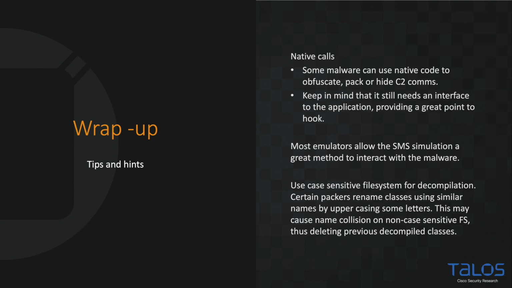Native calls, as I have already said, are not a headache. They always need to be called from Java, and they always need to be read from Java. So you can hook them easily, either directly when they are called or in the native code itself. There is a point where you need to be careful.